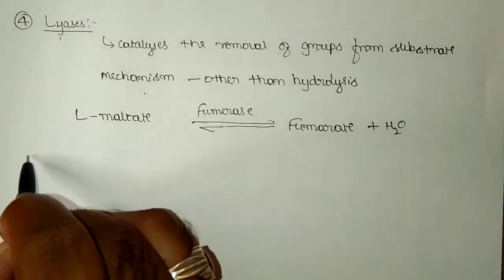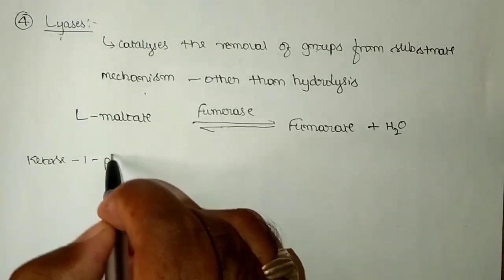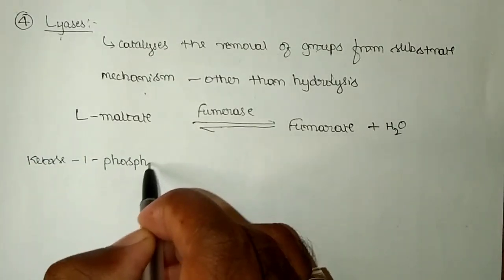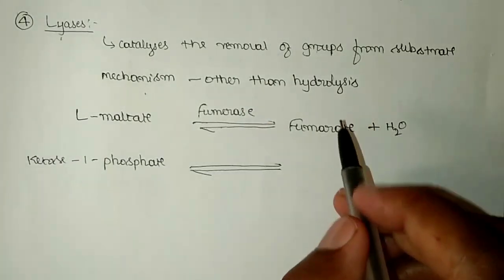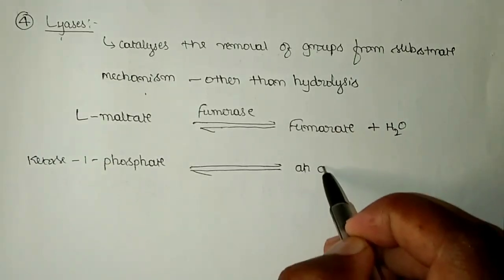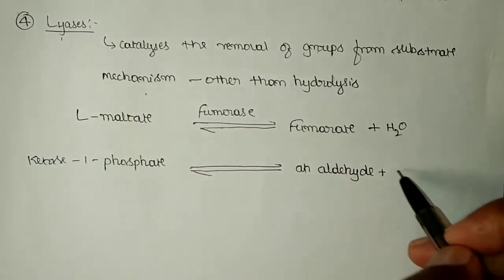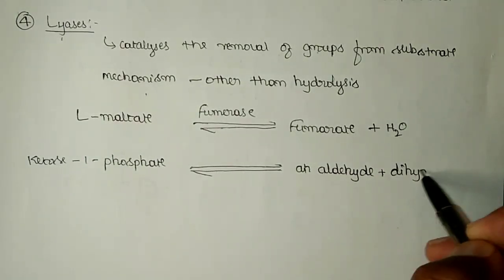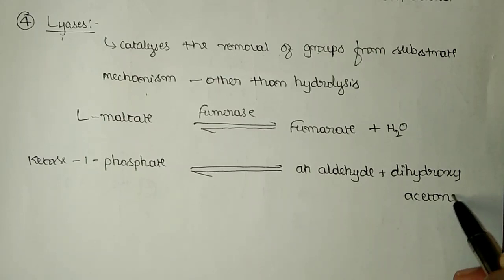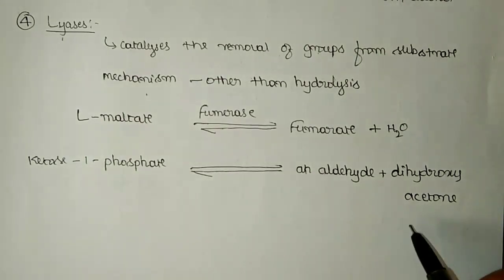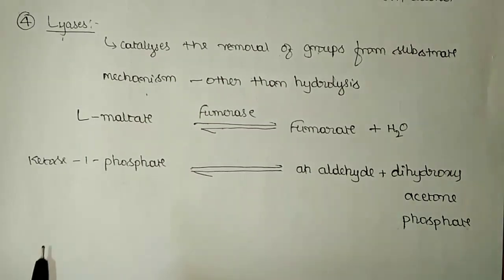Okay. And if you have a material that is ketose 1-phosphate, this ketose 1-phosphate reversibly changes into an aldehyde molecule, with the elimination of dihydroxyacetone phosphate.